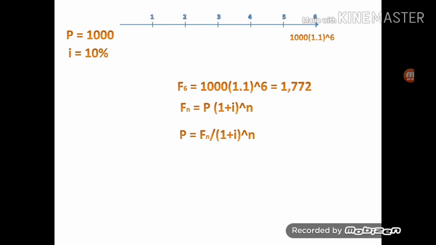How much money would you deposit in a bank offering 10% interest rate monthly, so that you can withdraw 1,772 at the end of the 6 months? An amount of money enough to pay for your debt. Of course, you can substitute that to this formula or use this rearranged formula.